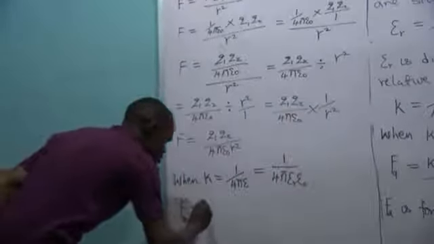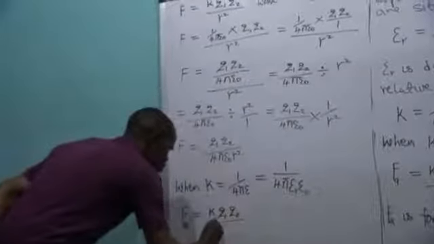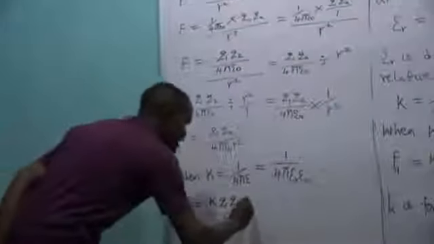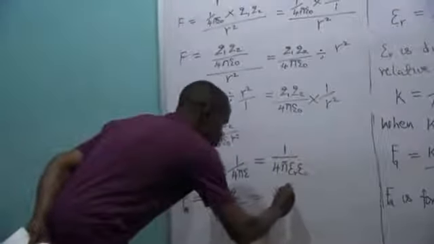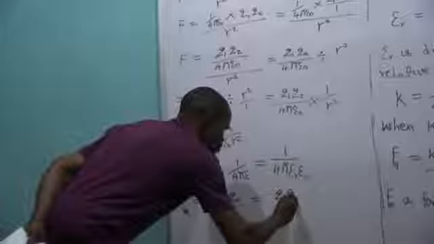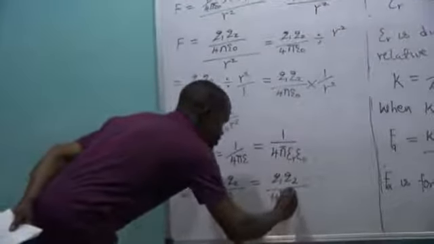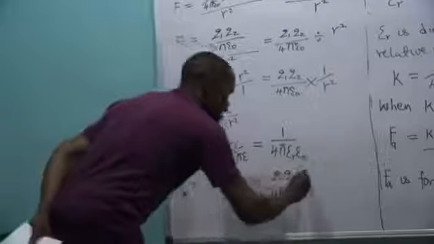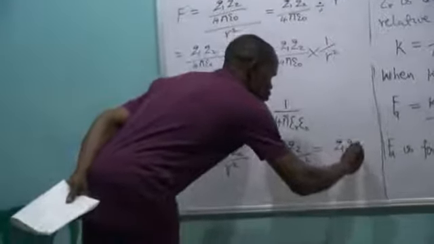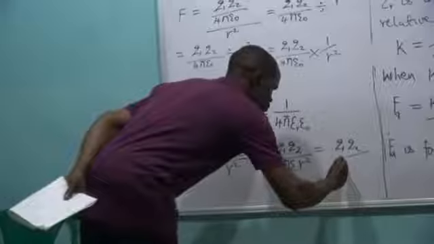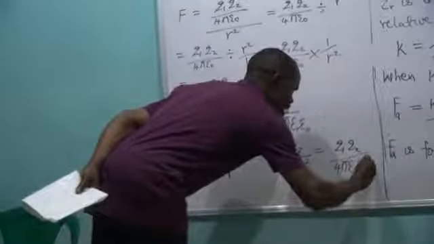I will have K Q1 Q2 all over R squared, and that will give me Q1 Q2 all over 4 pi epsilon R squared, and that gives Q1 Q2 all over 4 pi epsilon R epsilon O R squared.